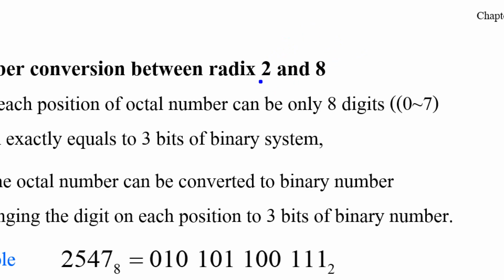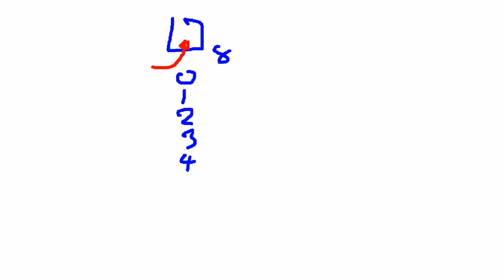Actually, you can convert from radix 2 to radix 8 directly by using this. At first, for radix 8, the number in each position can be 0, 1, 2, 3, 4, 5, 6, and 7, right?